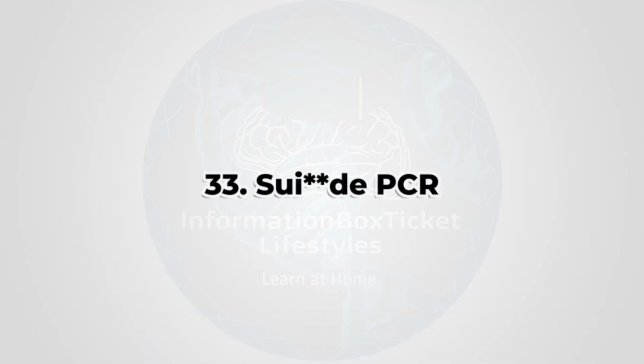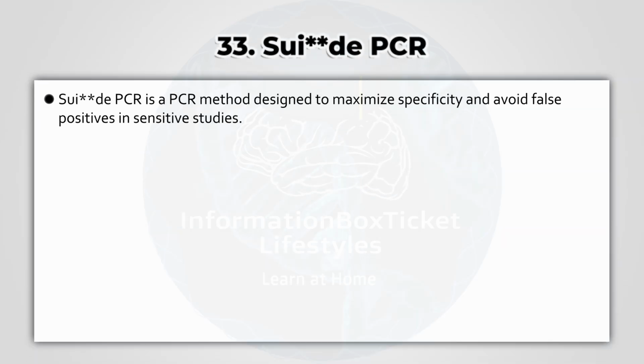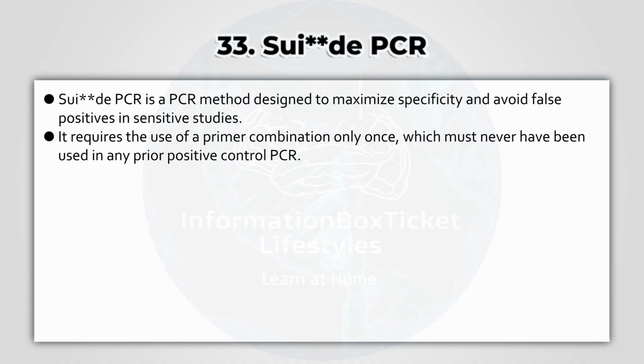33. Suicide PCR. Suicide PCR is a PCR method designed to maximize specificity and avoid false positives in sensitive studies. It requires the use of a primer combination only once, which must never have been used in any prior positive control PCR.